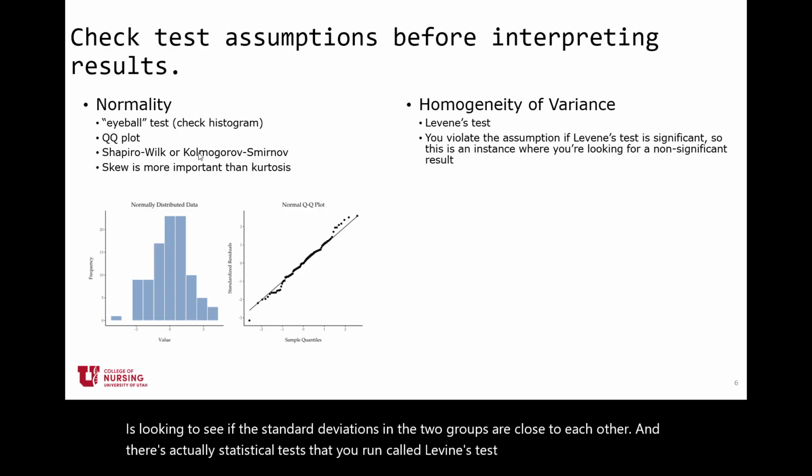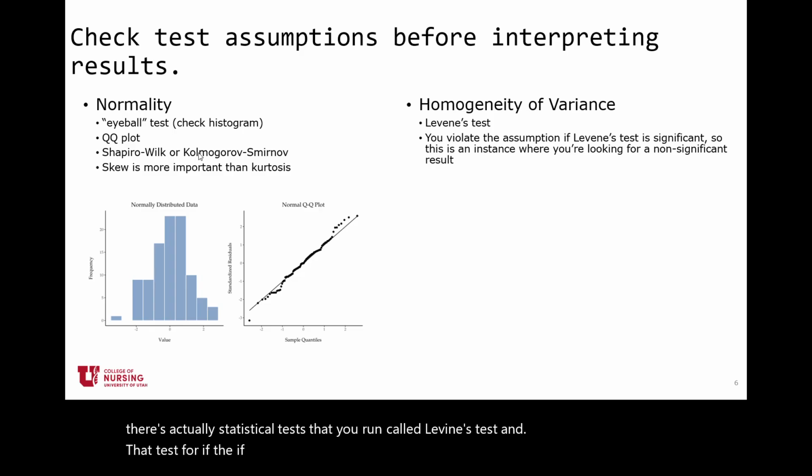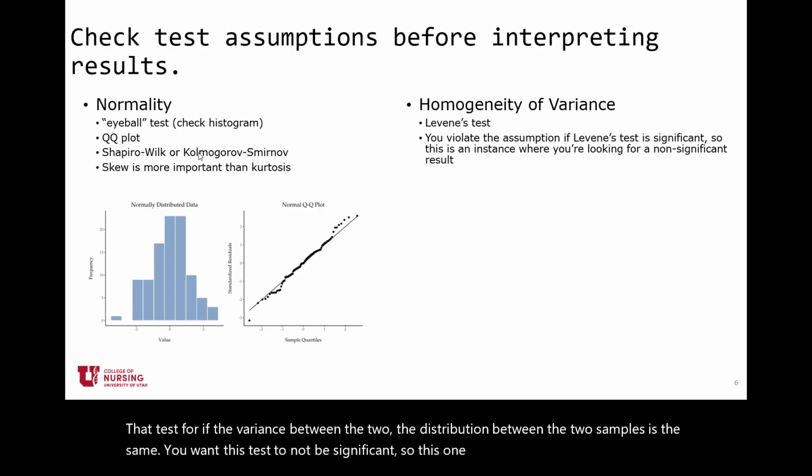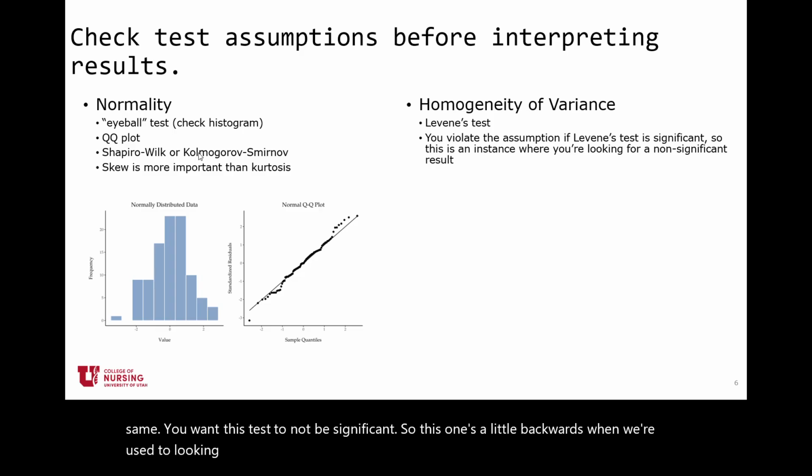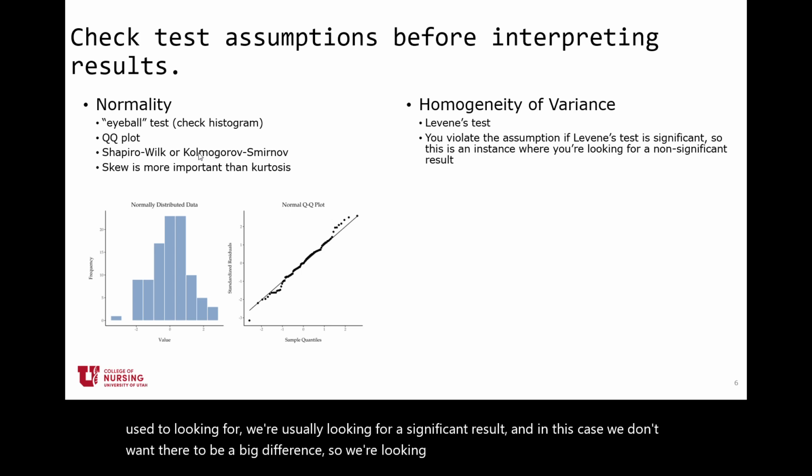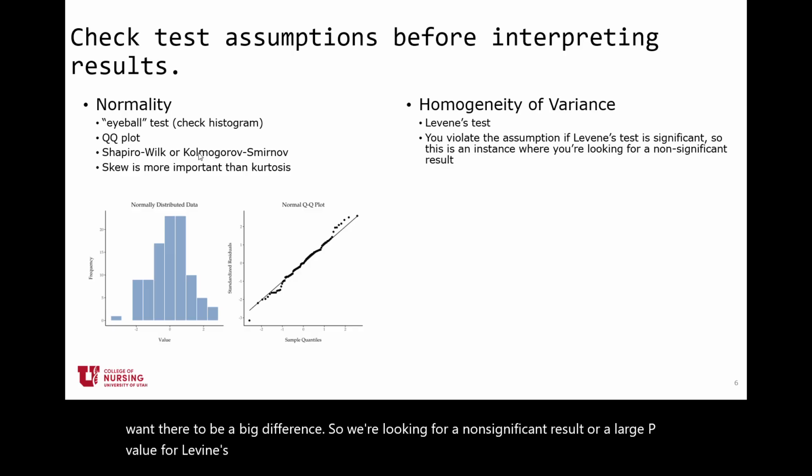For that test, to see if the variance between the distributions of the two samples is the same, you want this test to not be significant. So this one's a little backwards from what we're used to looking for. We're usually looking for a significant result. And in this case, we don't want there to be a big difference. So we're looking for a non-significant result or a large p-value for Levene's test.